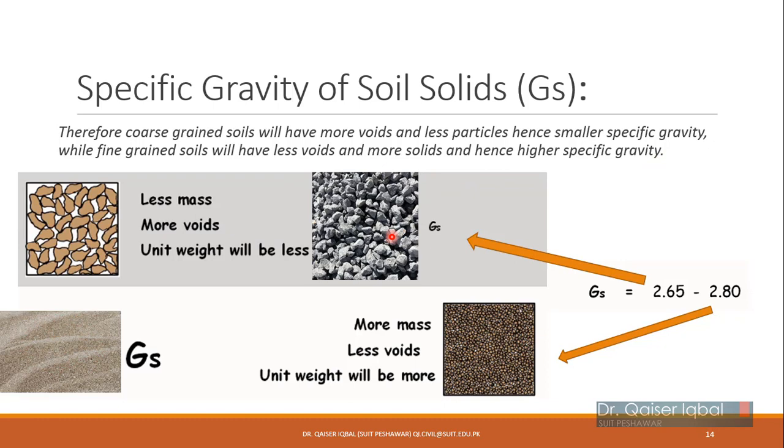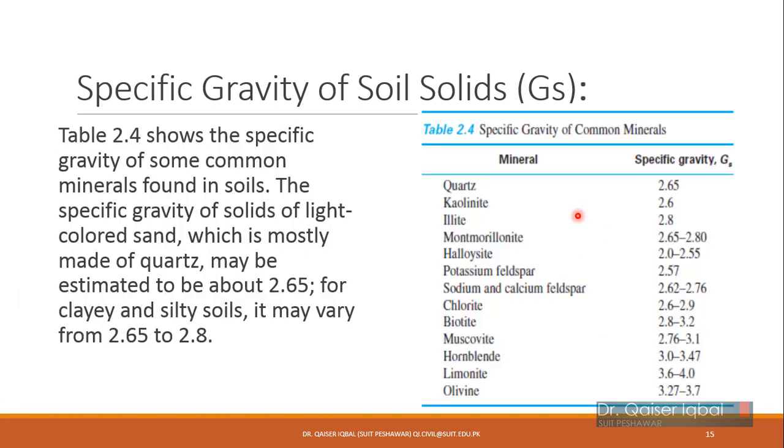Like I've compared gravel with sands over here, and you can see the amount of voids in case of sand is less, the amount of voids in case of gravel is more. So the gravels have lower specific gravity and sands will have higher specific gravity, up to 2.8. So usually for the soils it varies between 2.65 to 2.8, which can tell us on a relative scale how much one material is heavier than another.